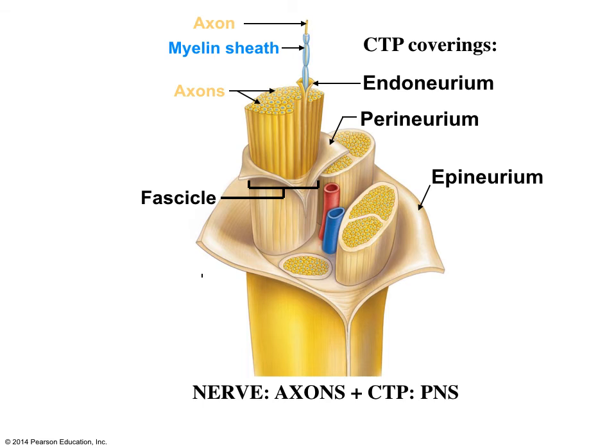We're talking about nerves. Epineurium, CTP surrounding the entire nerve. Surrounding individual fascicles would be the perineurium, and the very thin CTP components that surround individual axons would be the endoneurium. Epi, peri, and endoneurium.